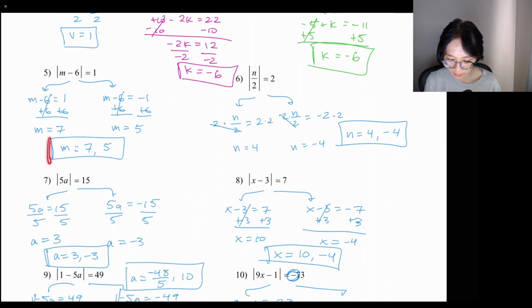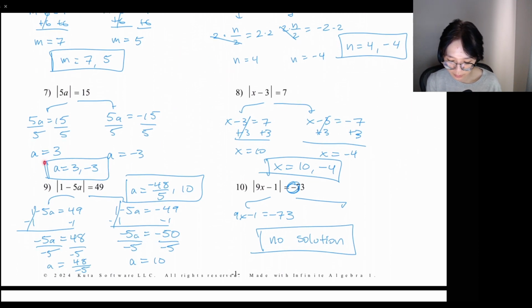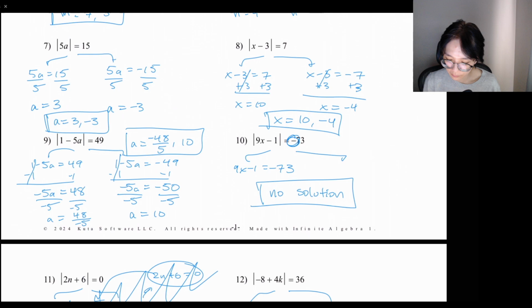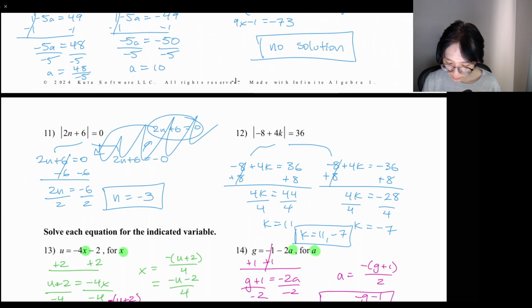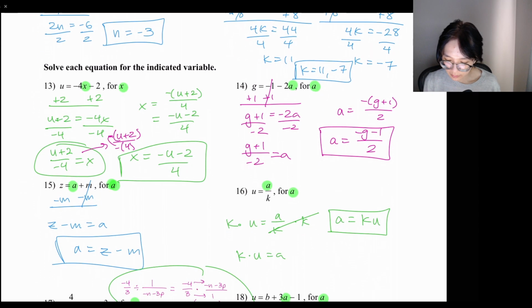Number 5, M is equal to 7 and 5. 6, N is equal to 4 and -4. 7, A is equal to 3 and -3. 8, X is equal to 10 and -4. 9, A is equal to -48 over 5 and 10. 10 has no solution. 11, N equals -3. 12, K equals 11 and -7.